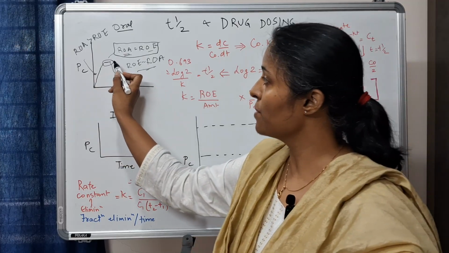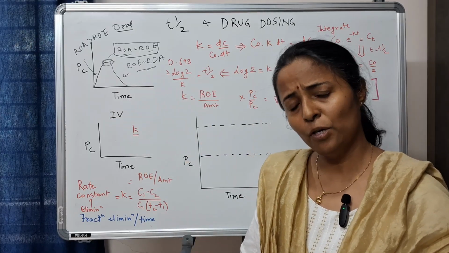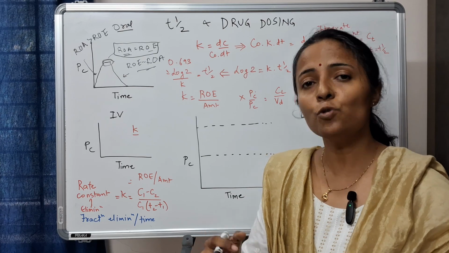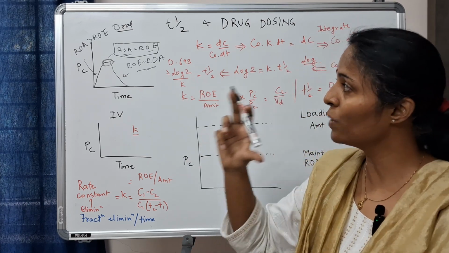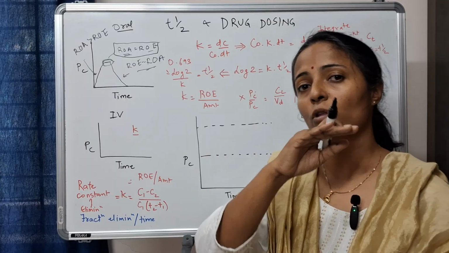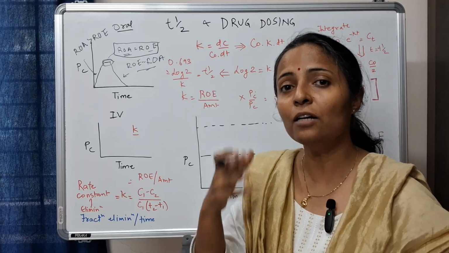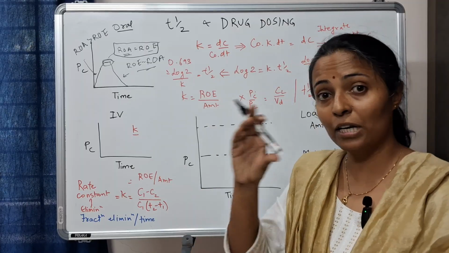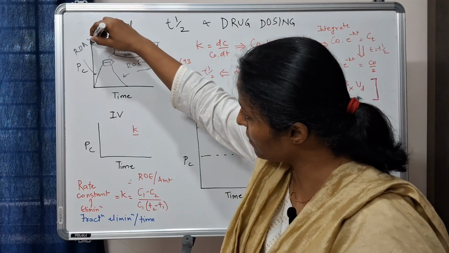Will the plasma concentration it reaches be useful for the patient? The plasma concentration which we want the drug to reach is known as the therapeutic window. The plasma concentration of the drug should be acting on the patient. In that range we have to maintain the concentration of the drug.